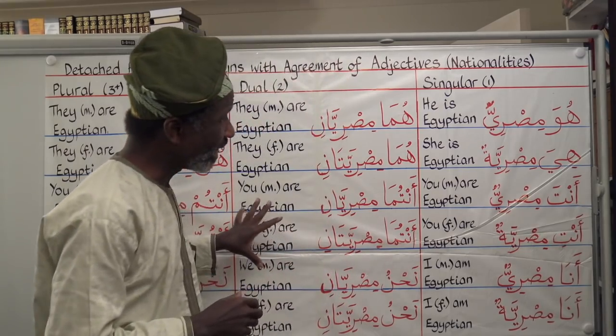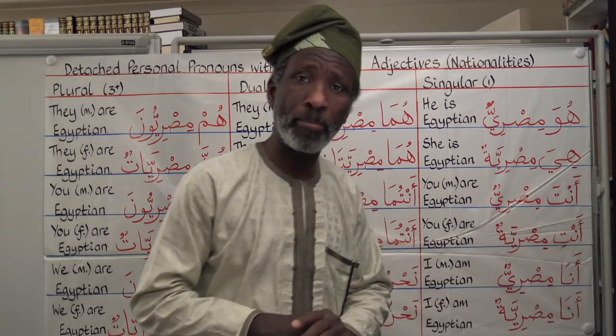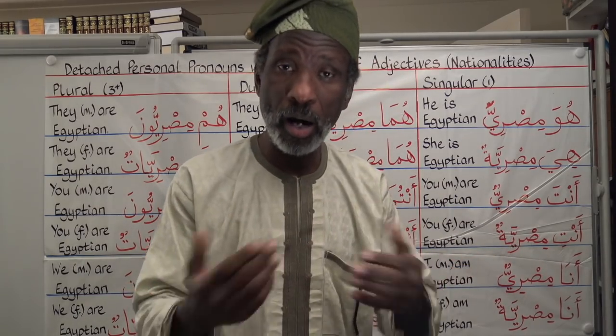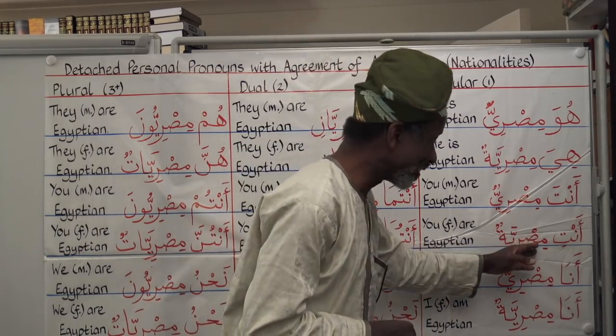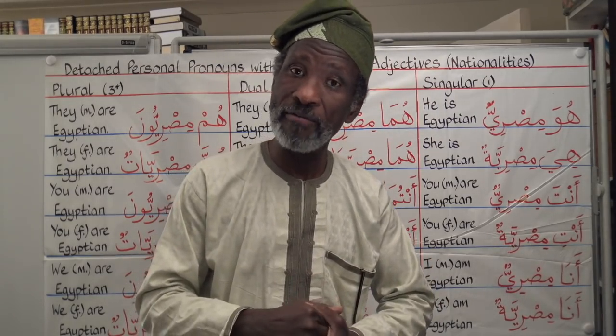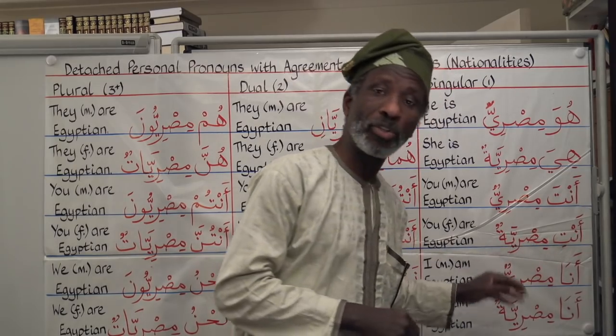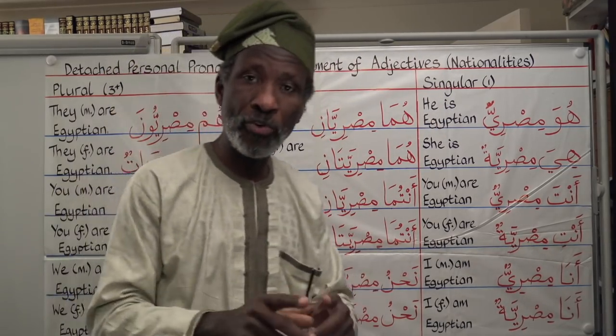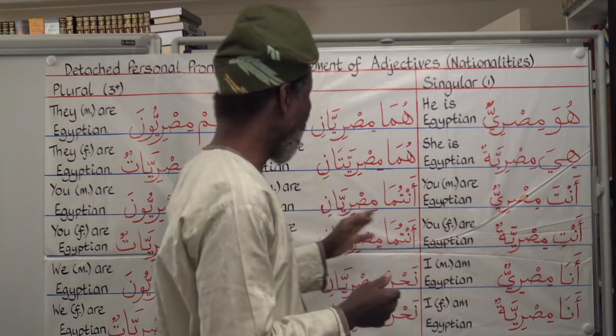Now let's move to the second person, للمخاطب. أنت مصري. I say you are an Egyptian. أنت مصرية. You are talking to you and you are a female. أنتما, both of you, مصريان.